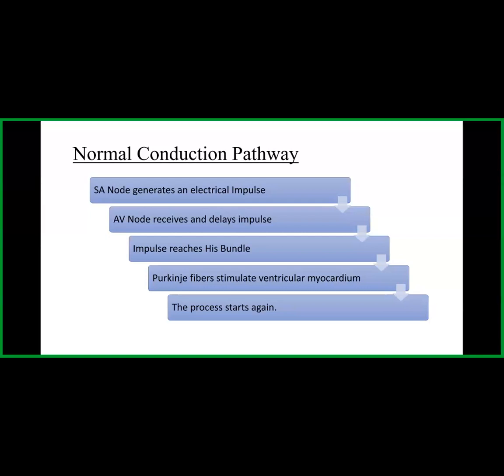It goes all the way up to 2 meters per second before it goes to the Purkinje fibers, which will stimulate the ventricular myocardium, resulting in ventricular contraction. And then after that ventricular contraction, this whole process repeats itself. Normally this occurs 60 to 100 times under normal circumstances.